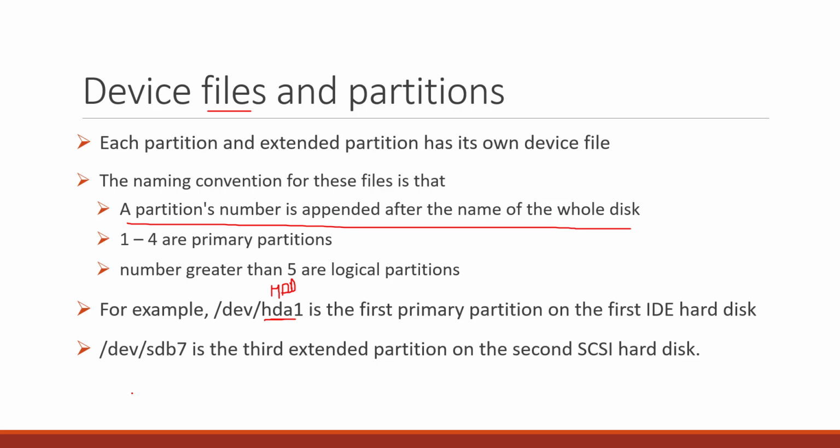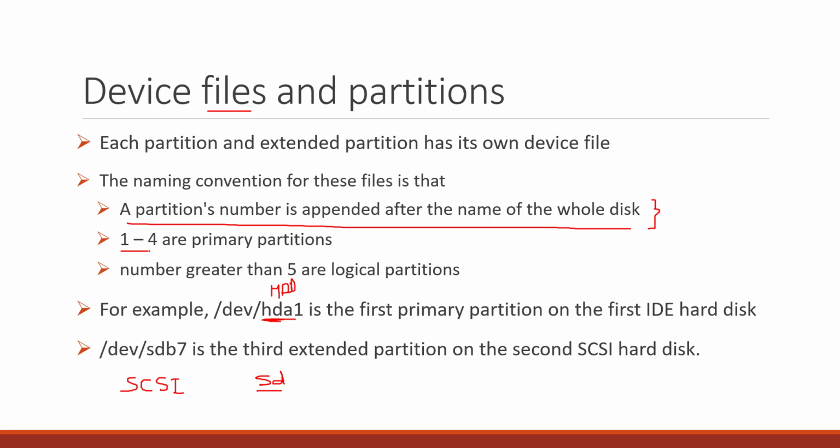That's what is over here. And if you are using SCSI, then you normally use the convention of SDA, and then after that you use ABC, right? So this is where the name of the hard drive comes in. HD is actually the name of your hard drive, and in this case if you are using SCSI drives, the SD is the name of your hard drive.